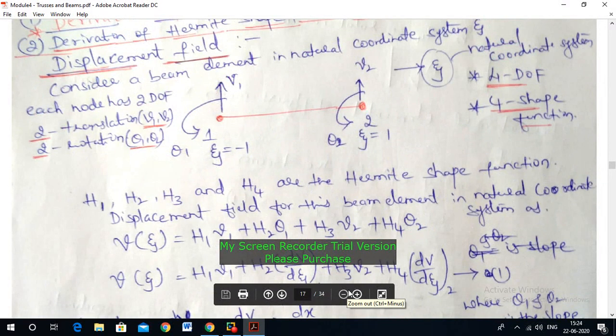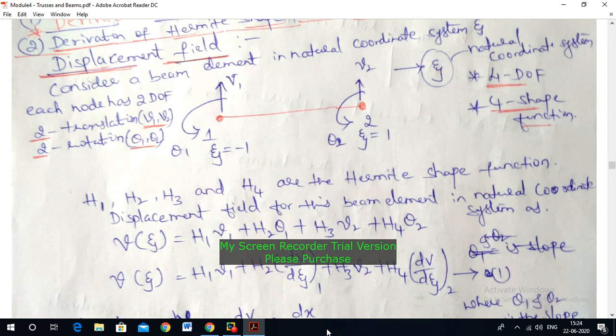To understand the term displacement field, I consider a beam element in a natural coordinate system zeta, and each node has 2 degrees of freedom.